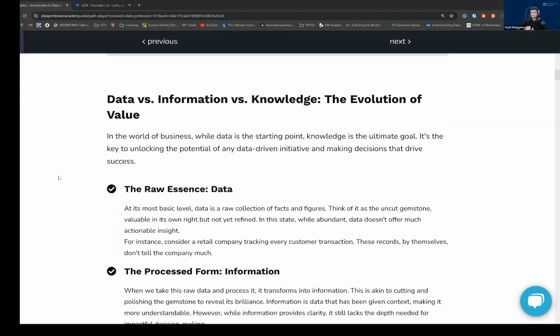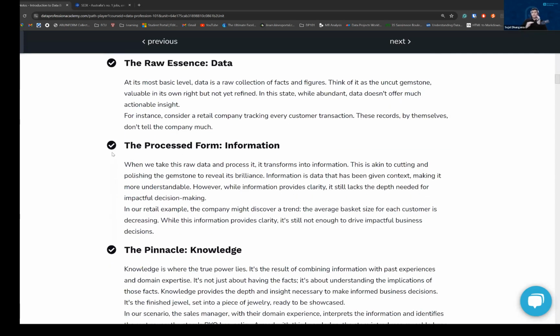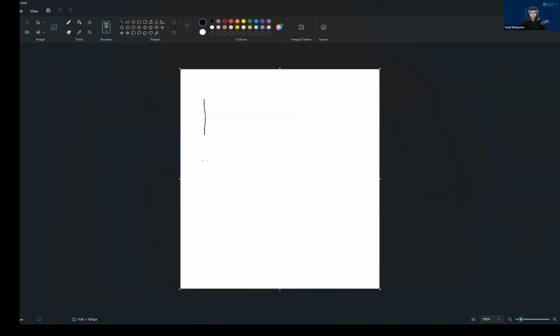So that's where data versus information versus knowledge comes in. If you were to plot a value axis, let me see if I can draw it. Let's call this the value axis, and if we go down this way, the value increases.